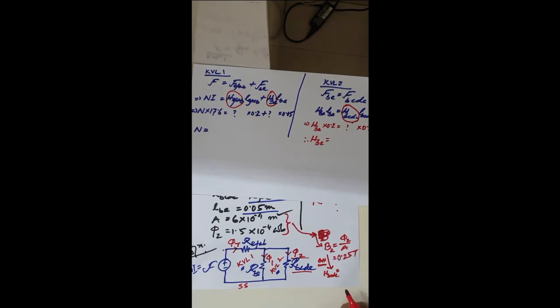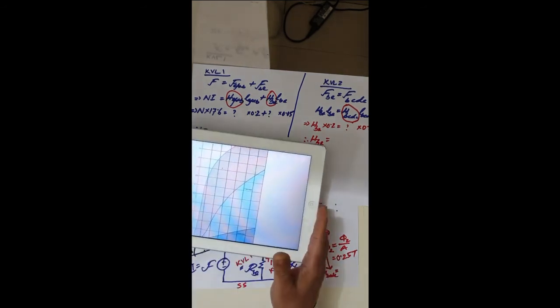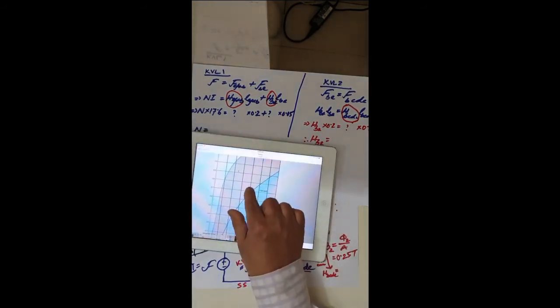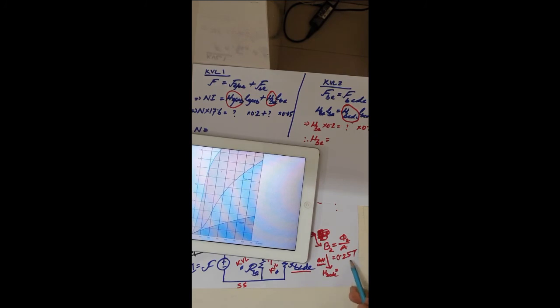So if you go for the SS BH curve, what is the H for 0.25 Tesla? For that you have to come to this curve. Now you can go with this BH curve. In this BH curve you have to look at what H 0.25 Tesla gives you.